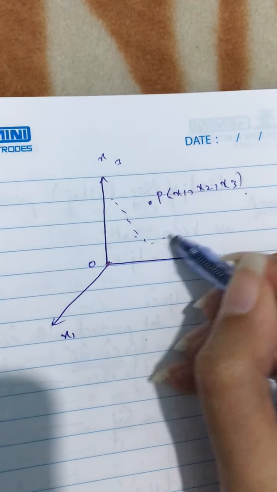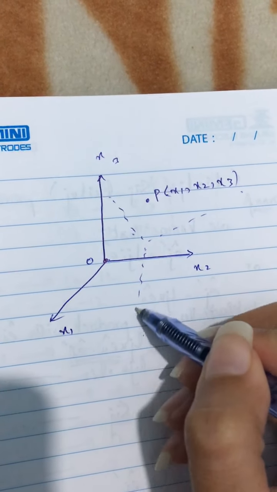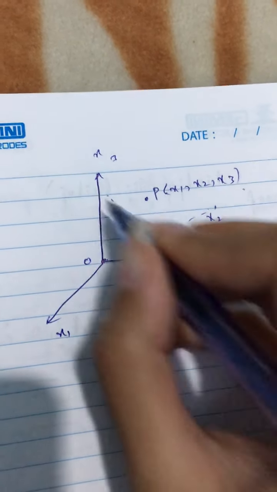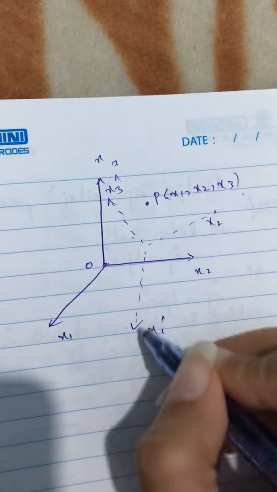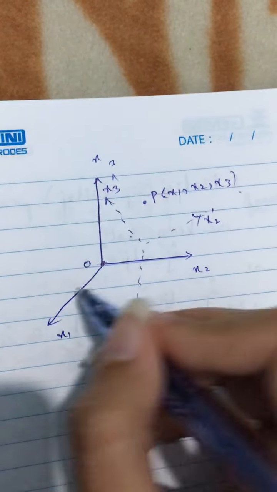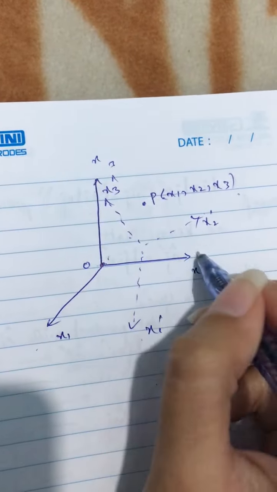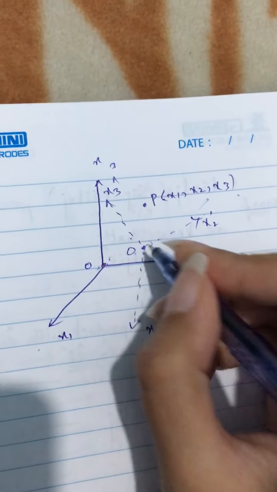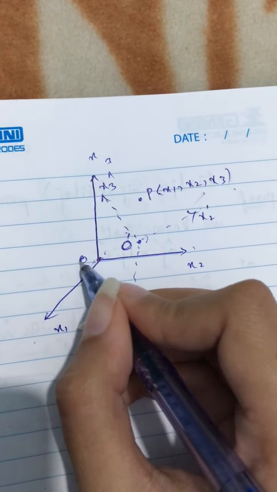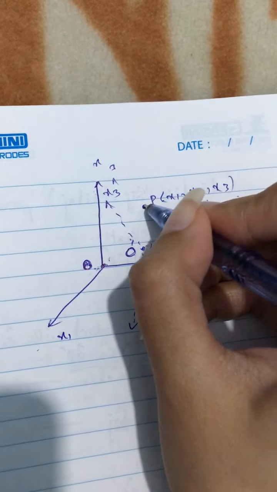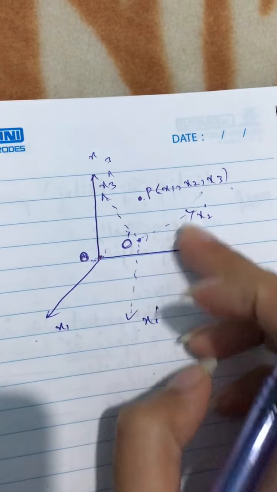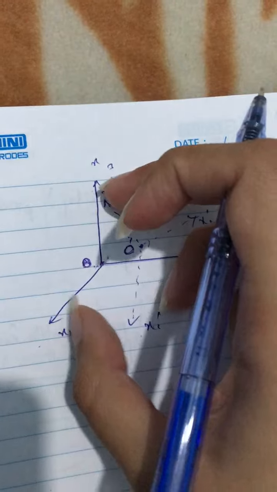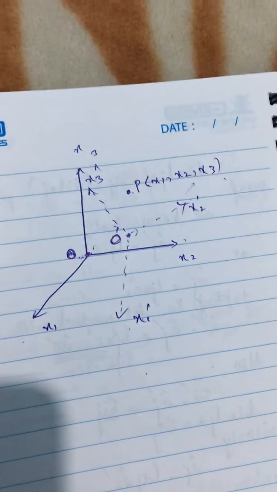Another system is formed like x1 dash, x2 dash and x3 dash. This system is K, and this is the K dash system, which has its origin O dash, and the K system has this origin, and this is the point P here. So we are rotating this axis like this, and these are the two systems.